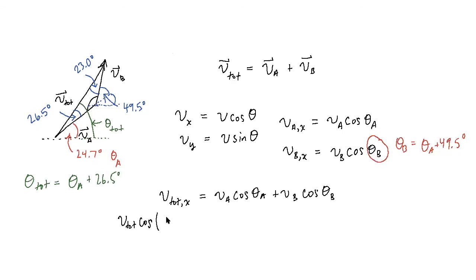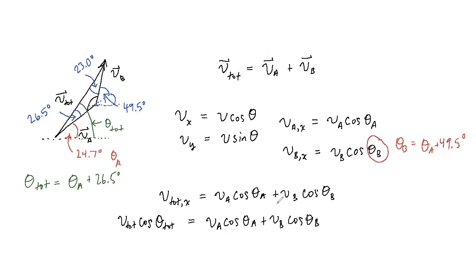So we're looking at V total times the cosine of theta total, and that is going to equal V_A cosine theta A plus V_B cosine theta B.